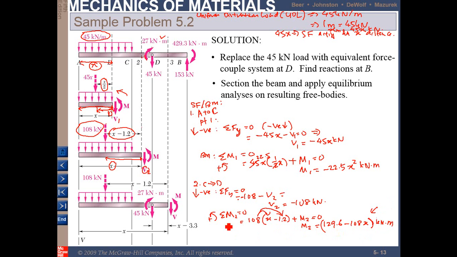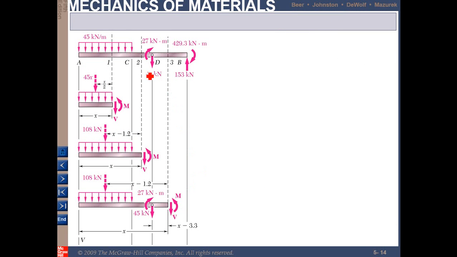Okay. And now at point 3, from D to B, same, you don't know at point 3 the distance, where you have done the section, or where you have cut it. So from A to point 3, you name it as X because you don't know.